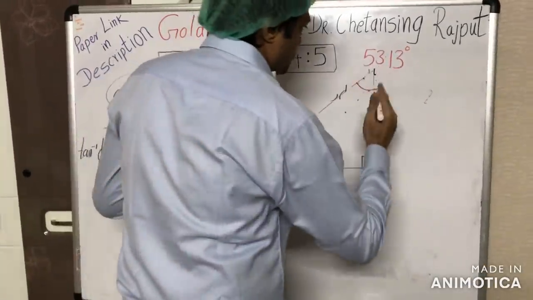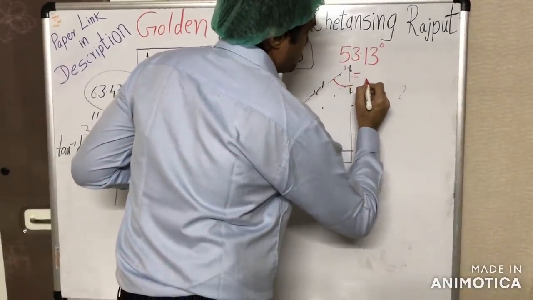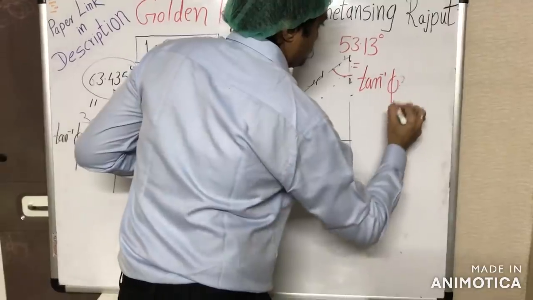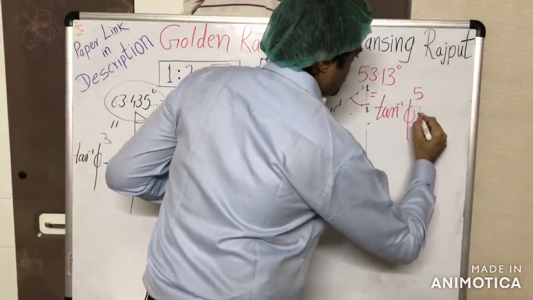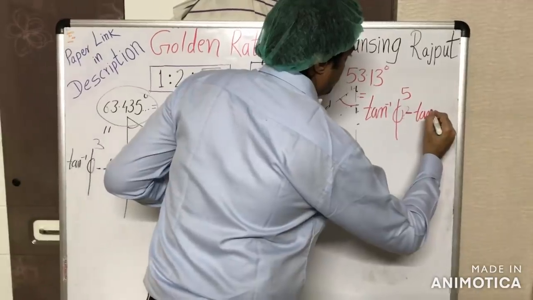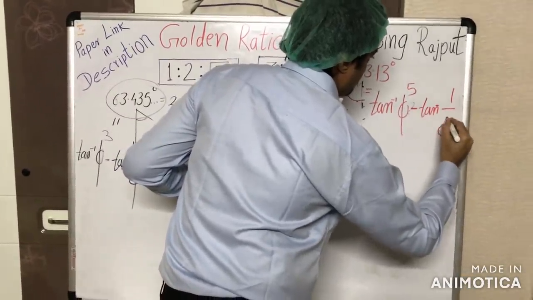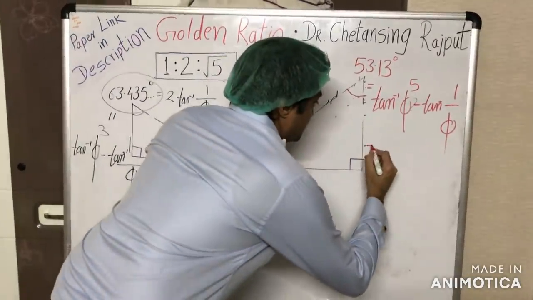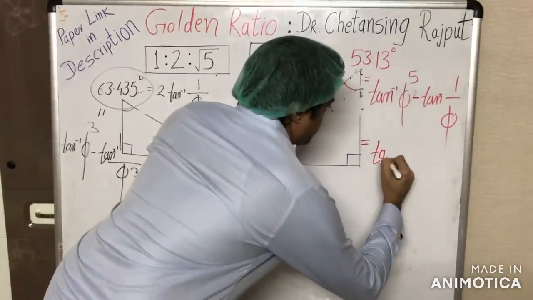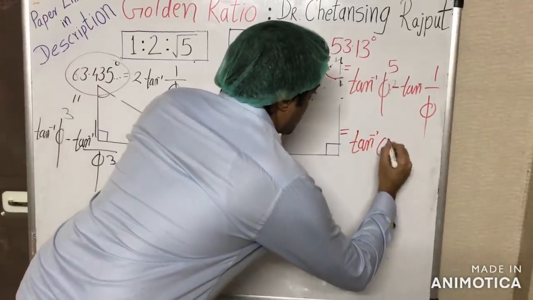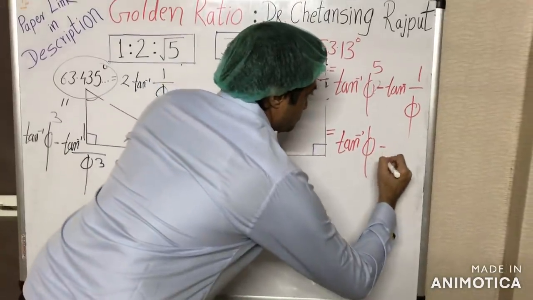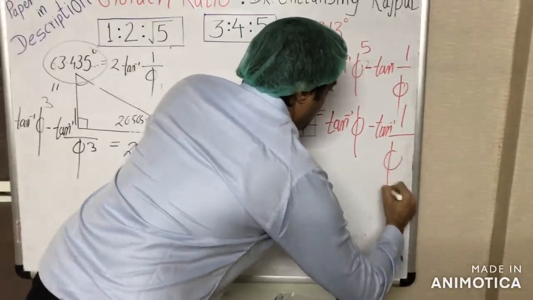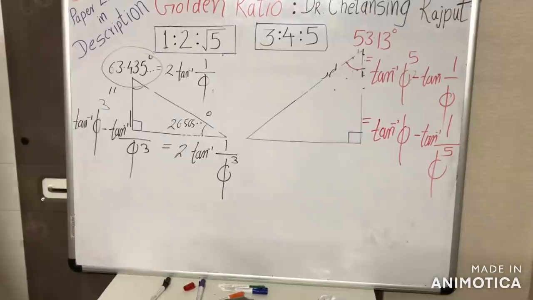Like this 53.13 degrees, this angle is precisely equal to the arctangent of the 5th power of the golden ratio minus the arctangent of the inverse of the golden ratio. Also, this is exactly equal to the arctangent of the golden ratio minus the arctangent of 1 upon the 5th power of the golden ratio. Okay.